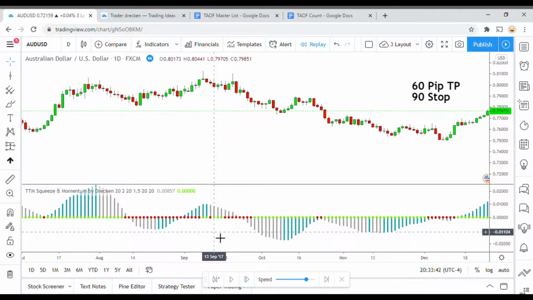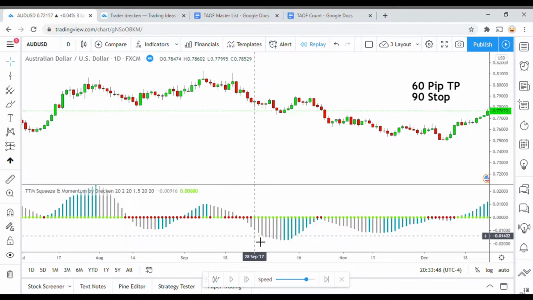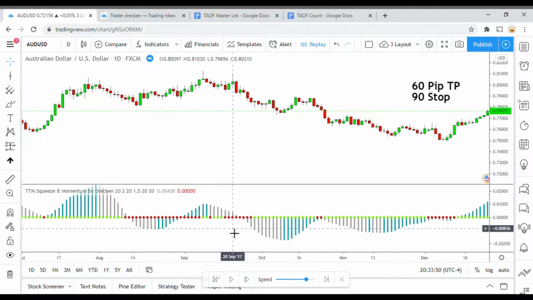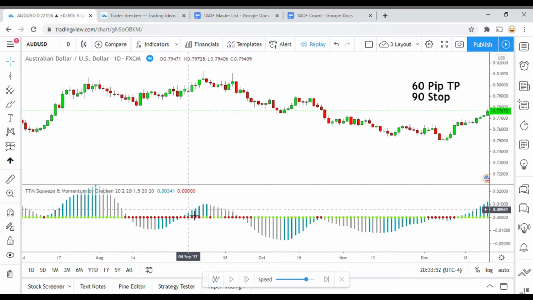Now, sometimes with indicators like this, we might make a rule that says, so for example, right here to the upside, you can see that the histogram bars here are a light blue.